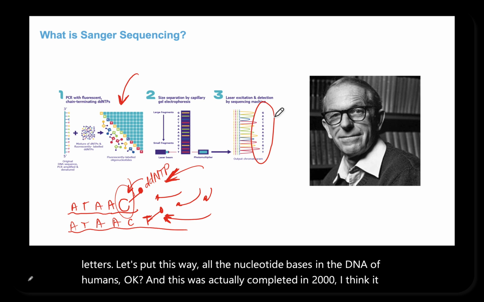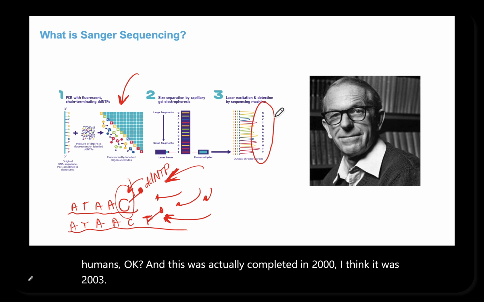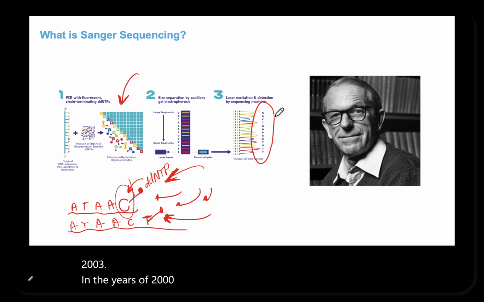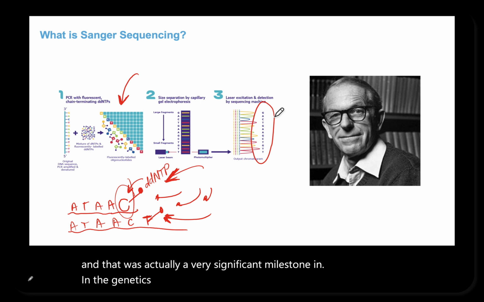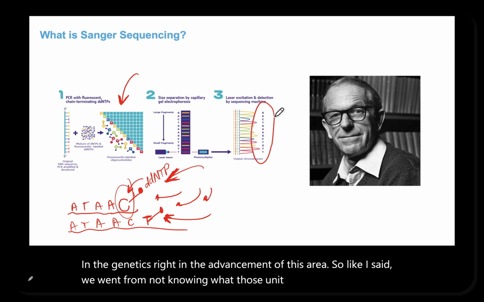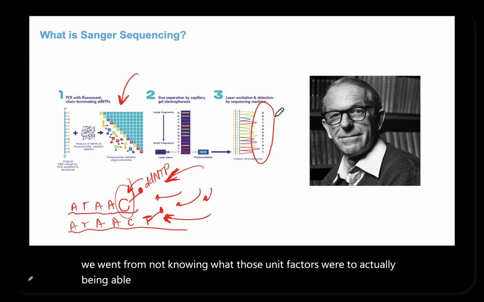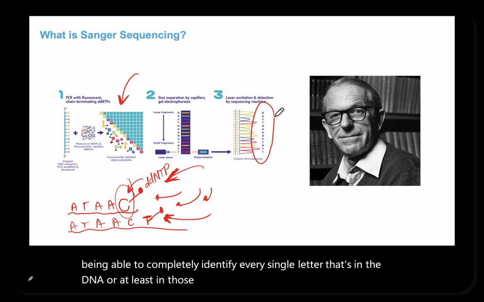In 2003, we had the whole human genome sequenced, and that was a very significant milestone in genetics, in the advancement of this area. Like I said, we went from not knowing what those unit factors were to being able to identify every single letter in the DNA, or at least in those genes that are coded into a protein.